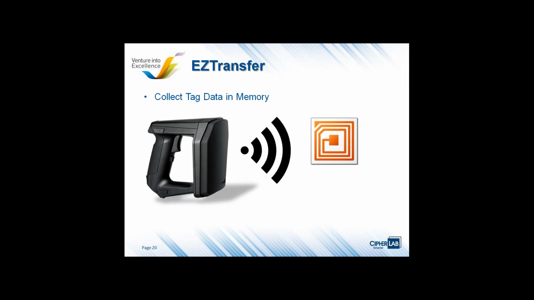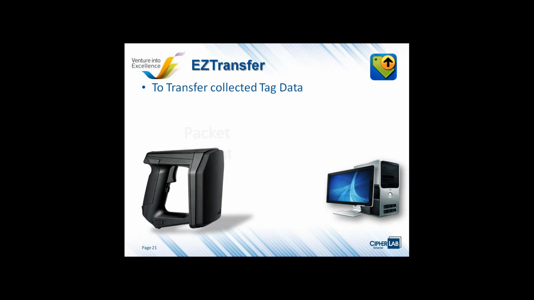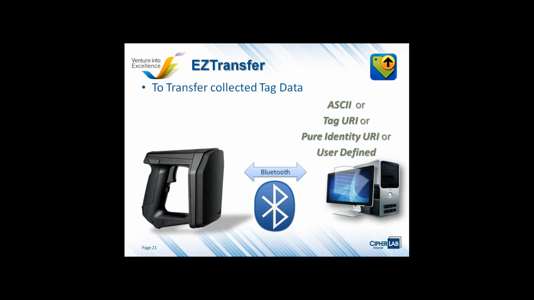Next is Easy Transfer. It's used in memory mode. If you collect the data in memory operating mode, the data can be uploaded quickly by Easy Transfer. And it also provides raw features like upload by user defined.